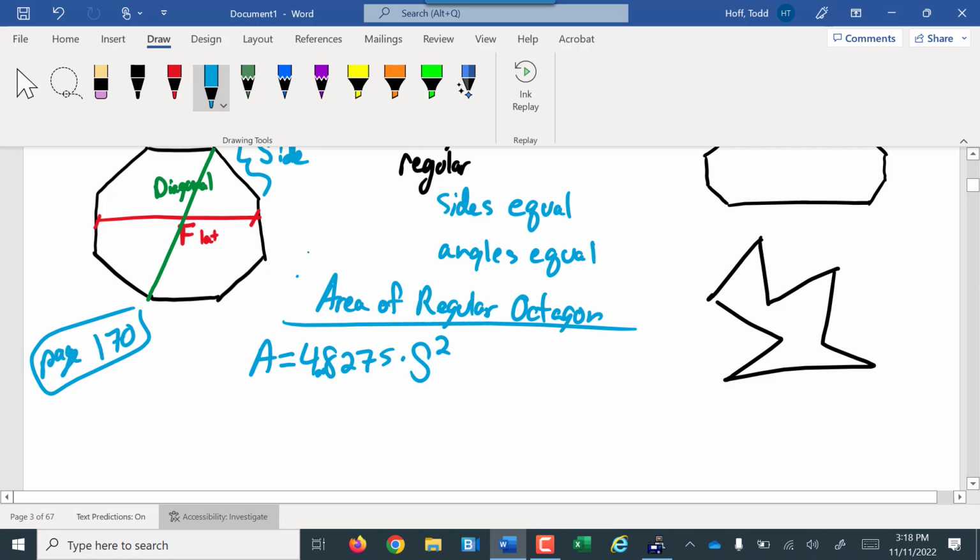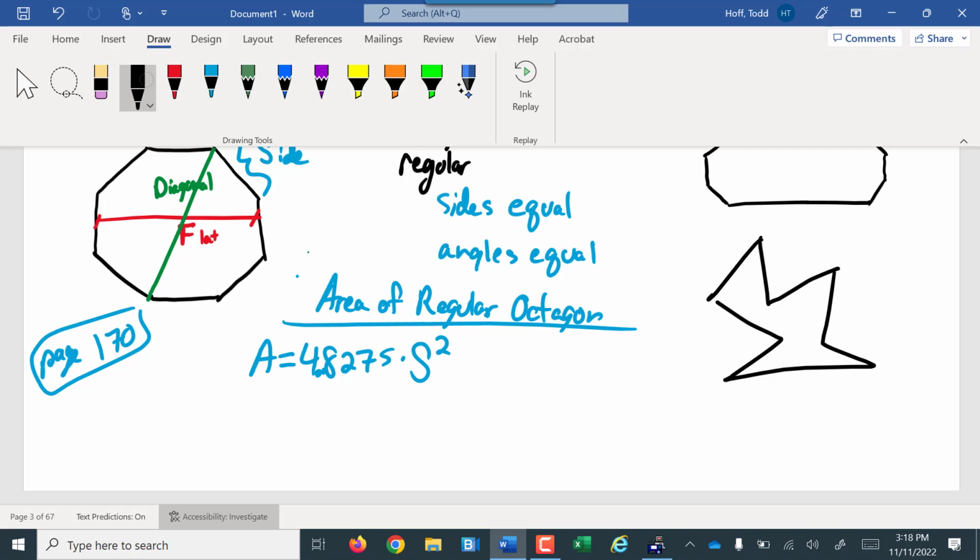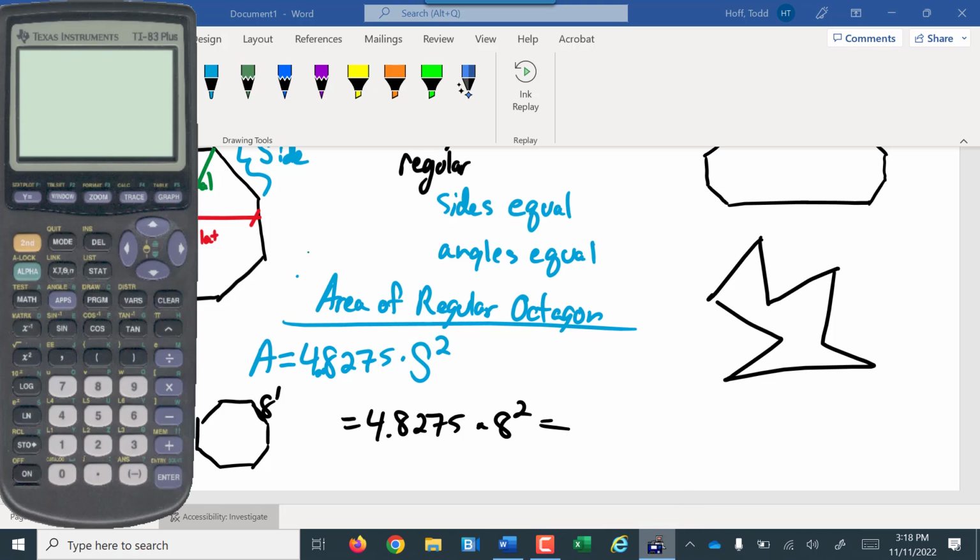So if I have an octagon, let's say you're going to build a gazebo, and you're going to make an octagon that's 8 feet on a side. The area of that octagon is 4.8275 times 8 squared. Always 4.8275 if you're using the side.